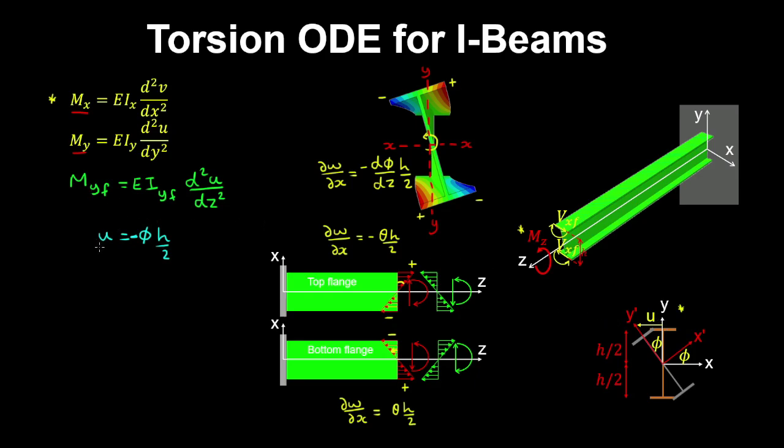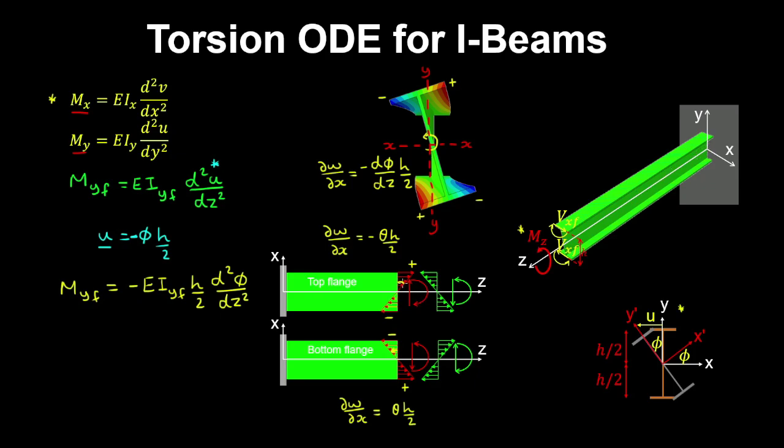So therefore, if we differentiate this twice and substitute for this derivative in the moment curvature relation of the top flange, we have the bending moment in the top flange is equal to the Young's modulus by the second moment of area about the minor axis of the flange. And here we have a negative sign, and h on 2 is constant. And the second derivative of the angle of twist with respect to z, being the direction of the longitudinal axes of the beam.